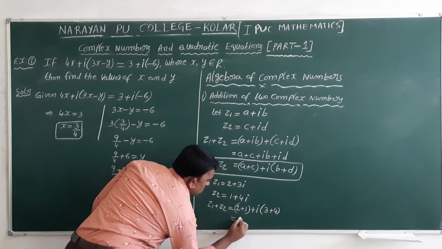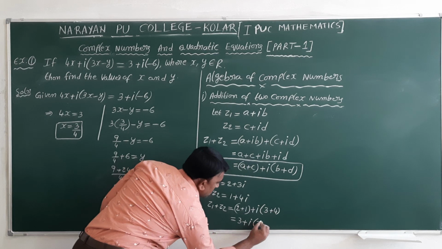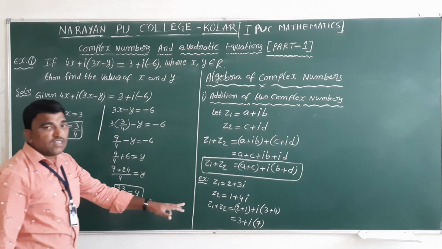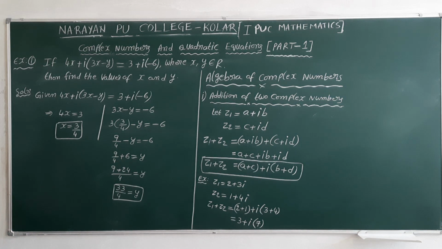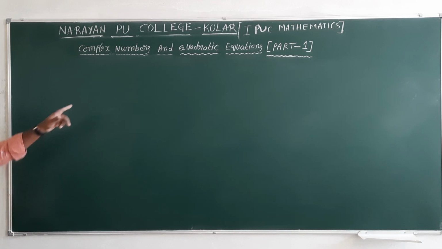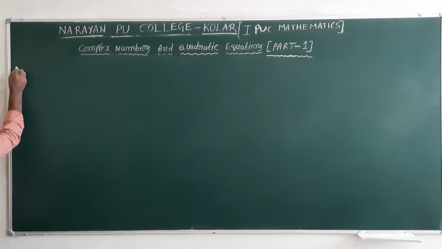So finally 2 + 1 is 3, plus i into 3 + 4 is 7. This is the resultant value of the addition of two complex numbers. So we completed the definition of addition of two complex numbers. Next, its properties.